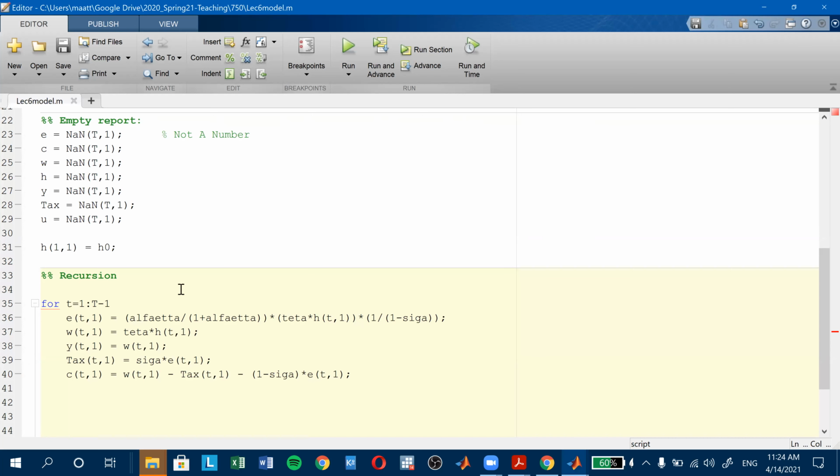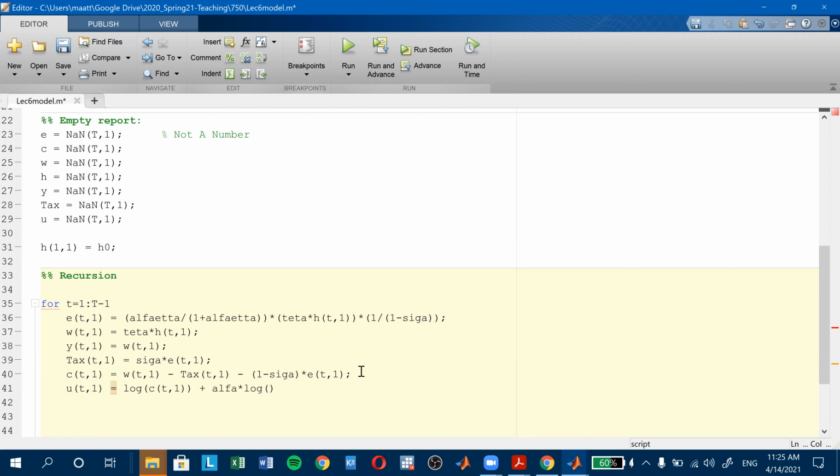Then what do I have? We have C, we have U. What is utility equal to? Utility will be equal to log CT plus alpha times log HT plus 1.